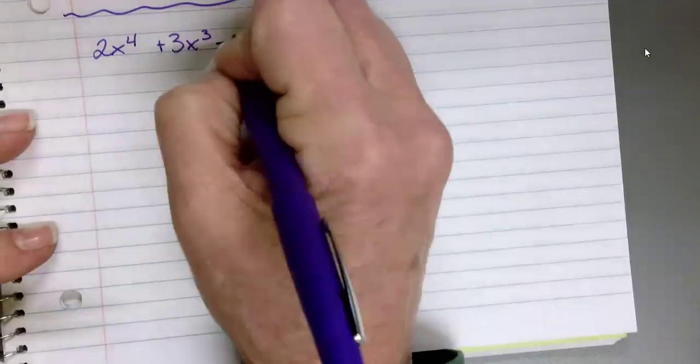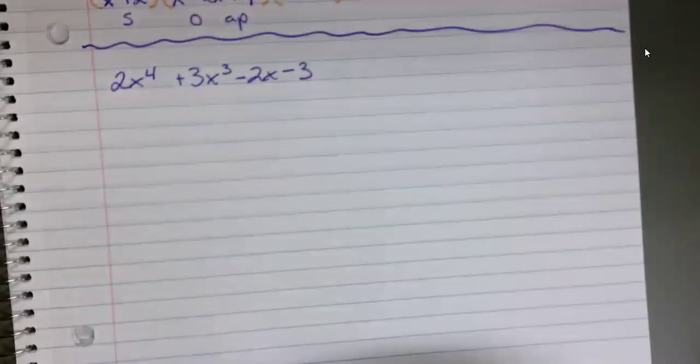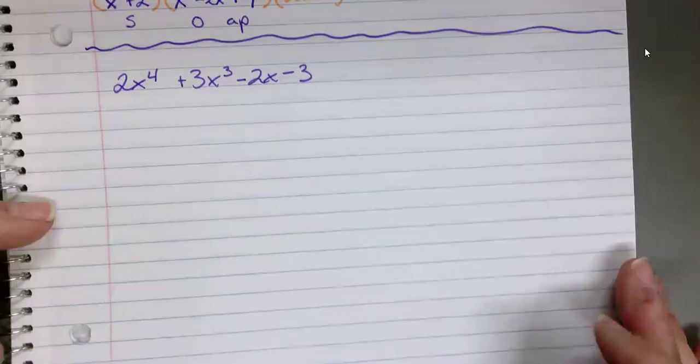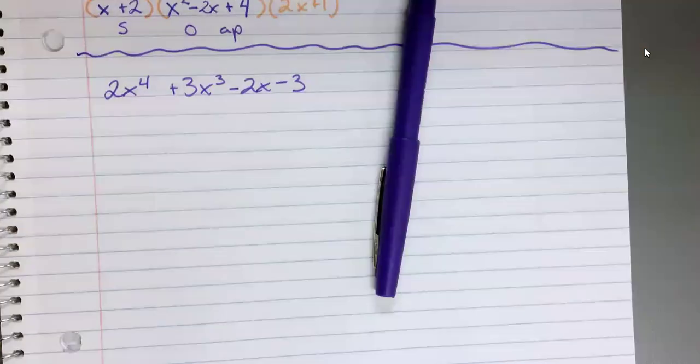What if we add 2x to the fourth plus 3x to the third minus 2x minus 3? So again, put it in standard form. It is in standard form. Yay! See if we have anything. Hey, can we take out a greatest common factor?